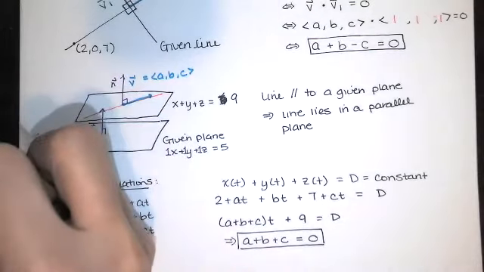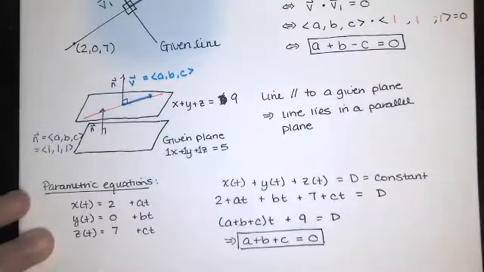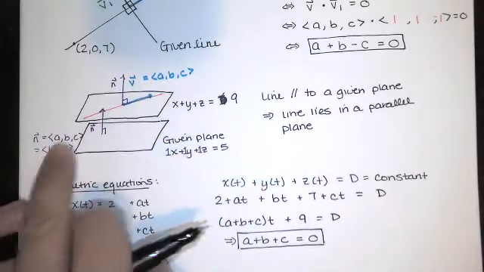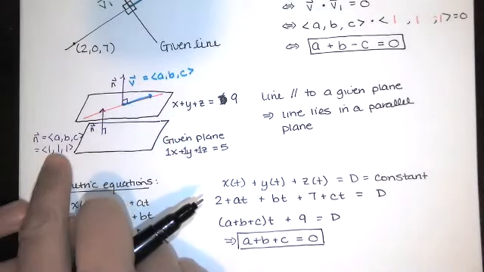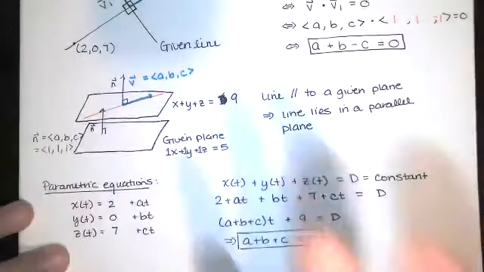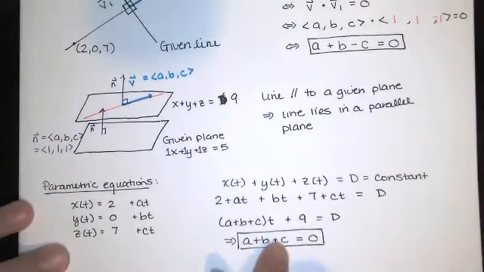So the normal of this plane has components 1, 1, and 1. So if I take the vector v and I dot it with 1, 1, 1, I get a times 1 plus b times 1 plus c times 1 equals 0, or a plus b plus c equals 0, which is exactly what we got down here.